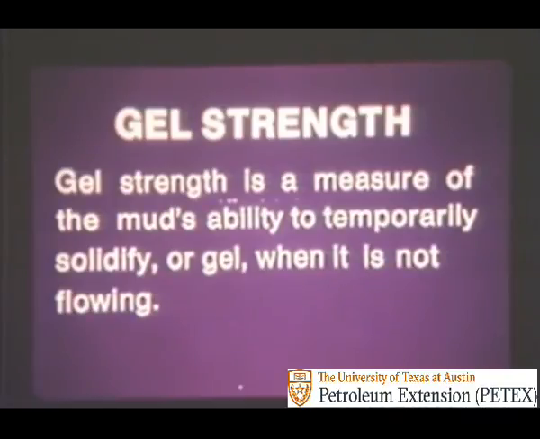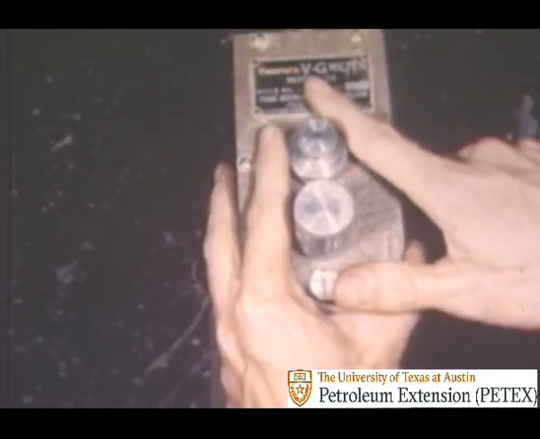Next step is to determine the mud's gel strength. Gel strength is a measure of the mud's ability to temporarily solidify, or gel, when it is not flowing. There are two gel strength measurements to take. First is the initial gel strength, the mud's gel strength before it has a chance to gel. Let the mud sample rest for 10 seconds.